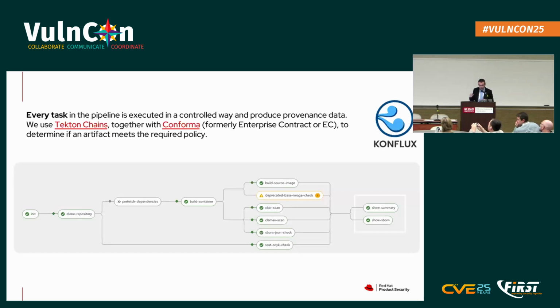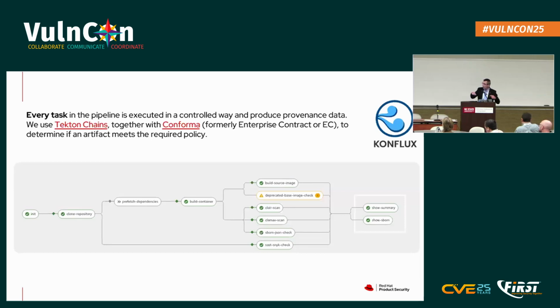We use Tekton Chains, the Kubernetes custom resource definition controller that allows us to manage supply chain security in Tekton, together with Conforma. Conforma is another open source project that is used to validate predefined policy rules that we expect that a particular build or builds must meet to be released to customers.